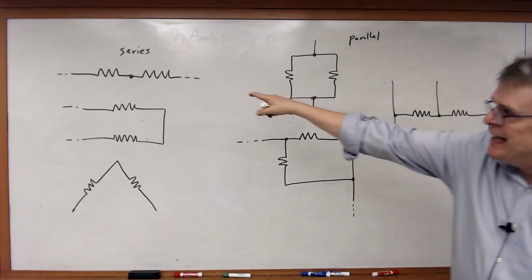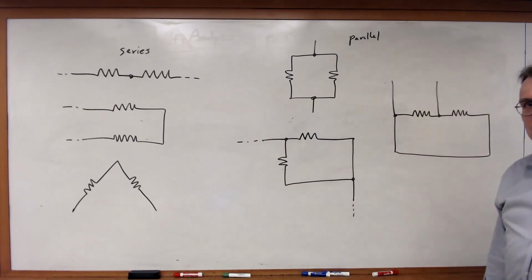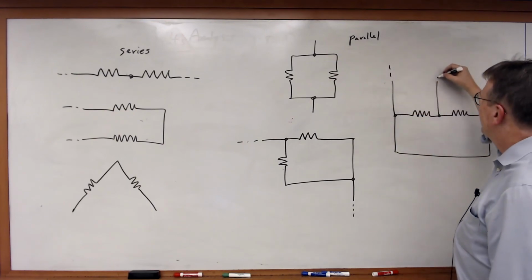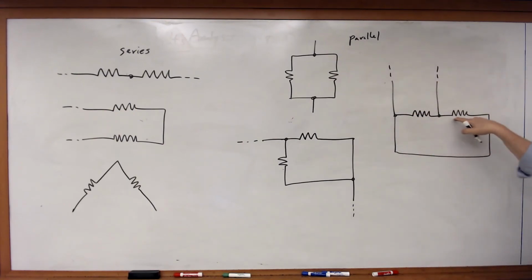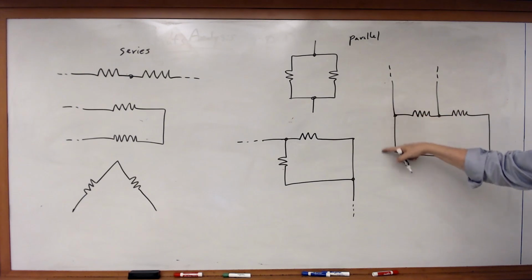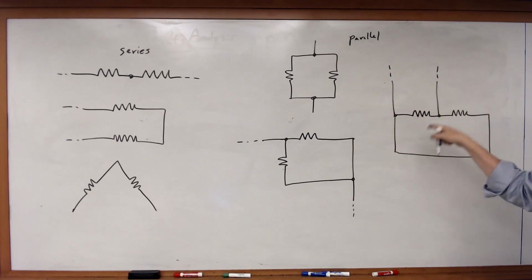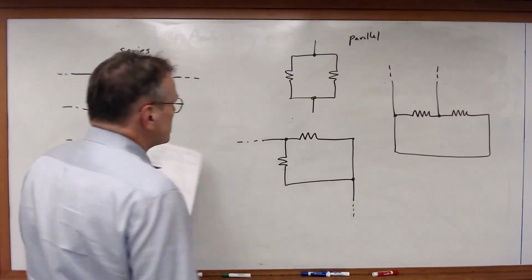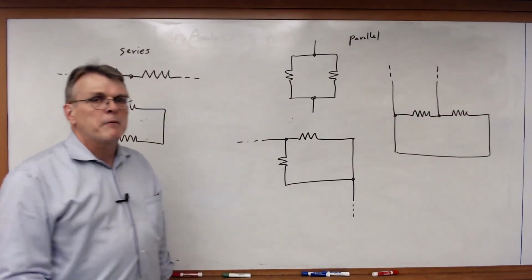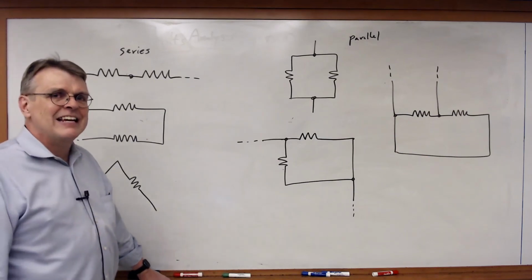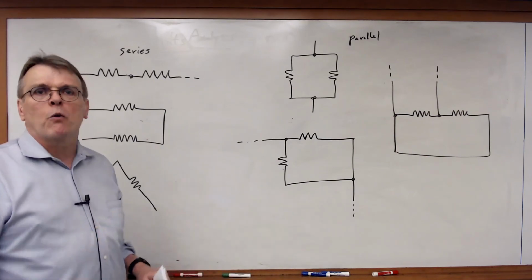Looks very much like that, doesn't it? But it's not in series. Look at now what the connections are. Now I've got them connected at this end with this node, and at the other end with this node between the two of them. In fact, those are in parallel as well. These three are in series, these three are in parallel, but they're all drawn very differently. You have to learn to look at the connectivity, not just the way things are oriented in a circuit.